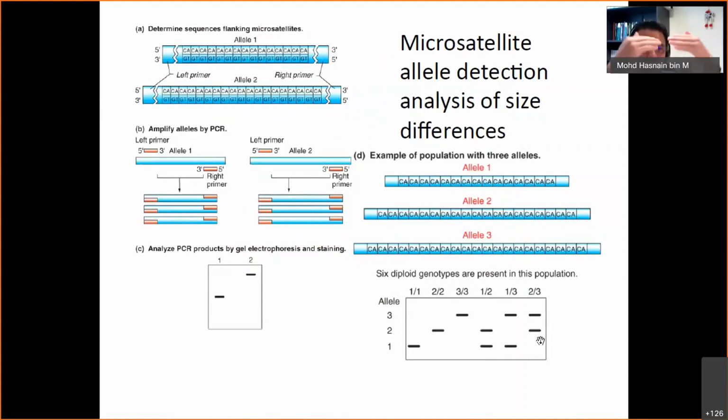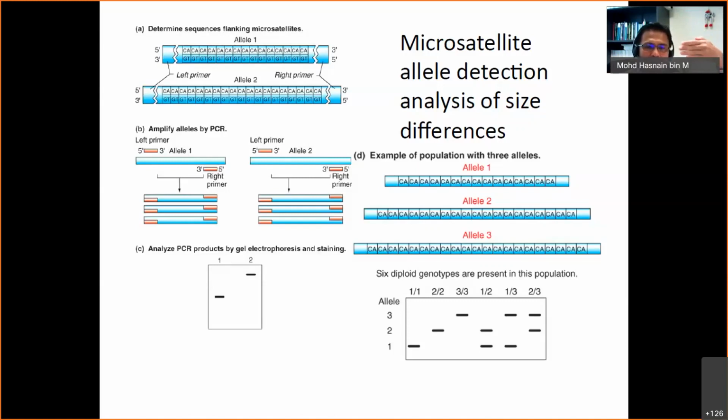You run them for the same length of time. So if this one is very short and this one is very long, the short one will start and it will move very fast. This one moves very slow. So after 1 hour, it stops over here. This one is short, it will be positioned down here.